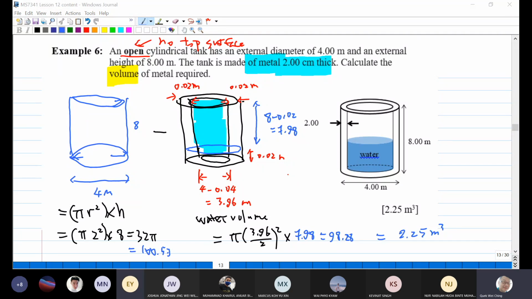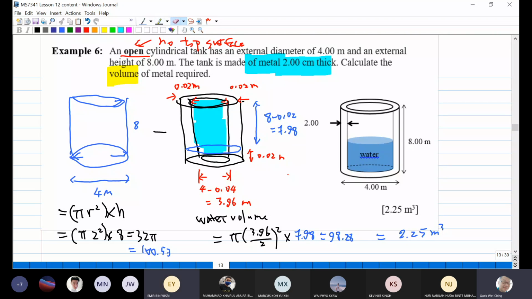Mr. Kwek, I don't understand how you get the 3.96 divided by 2 and also the 7.98 for the height. Okay, let me see. First of all, the diameter of the tank is actually 4 meter.